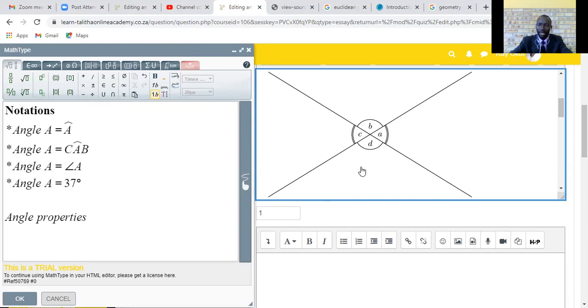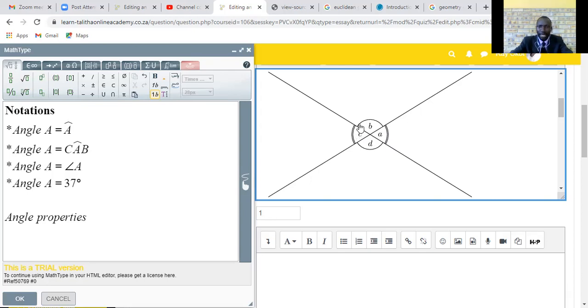To make it easier to understand how these angles are related, look at how the lines indicating the measure of the angles are marked. Notice that there is a similarity here. We have two lines here and two lines there. That means A and C are related in a special way.